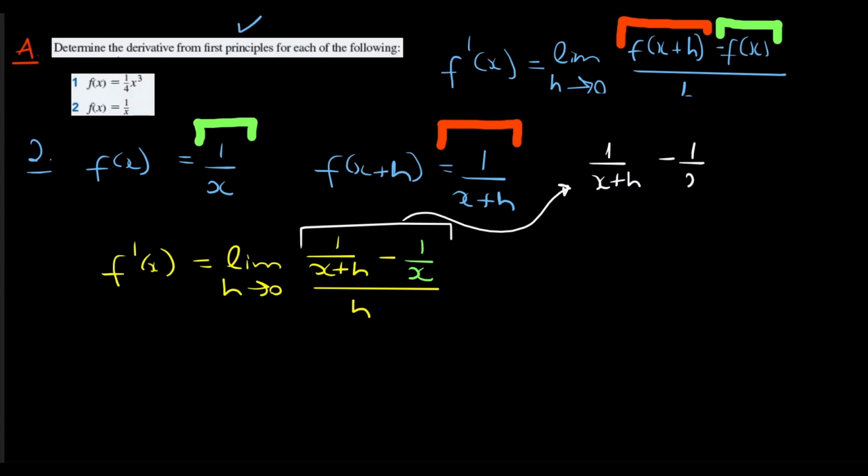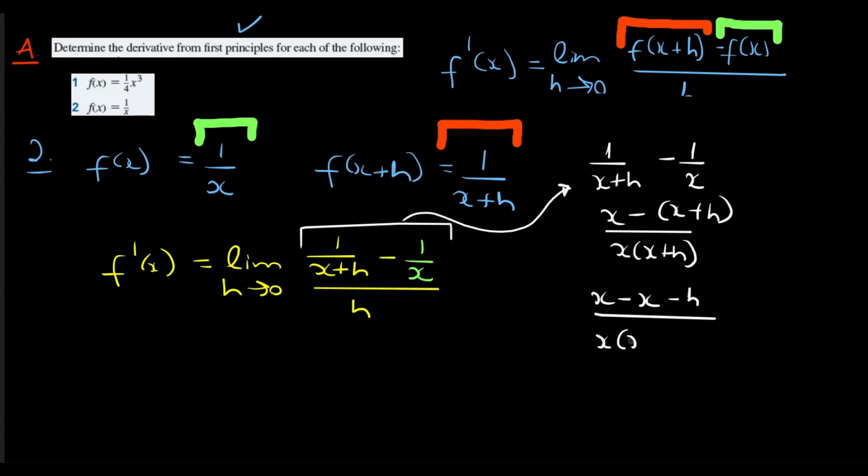So let's simplify this fraction. The LCD will be x plus h, and then we have x minus x plus h over x plus h, which gives negative h over x squared plus xh.